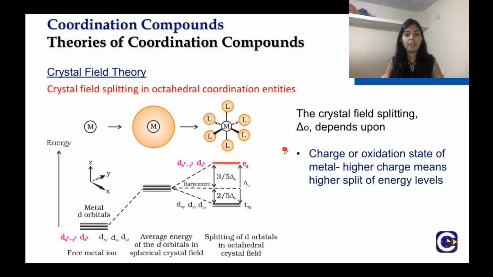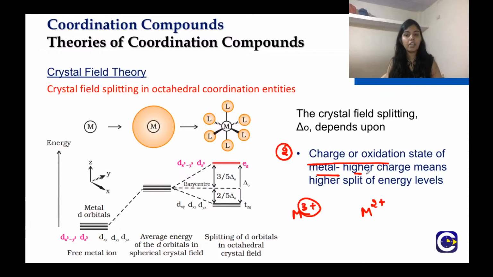Now, the second factor on which it depends is the charge or oxidation state of metal. That means, let us say you are having two metals, M3 plus and M2 plus, right? So, the one which will have a greater oxidation state will have a larger delta O. That means it will have a larger energy separation between Eg and T2G.